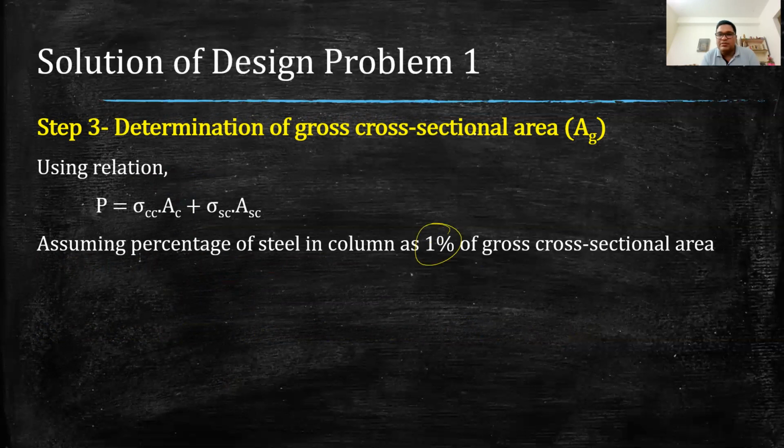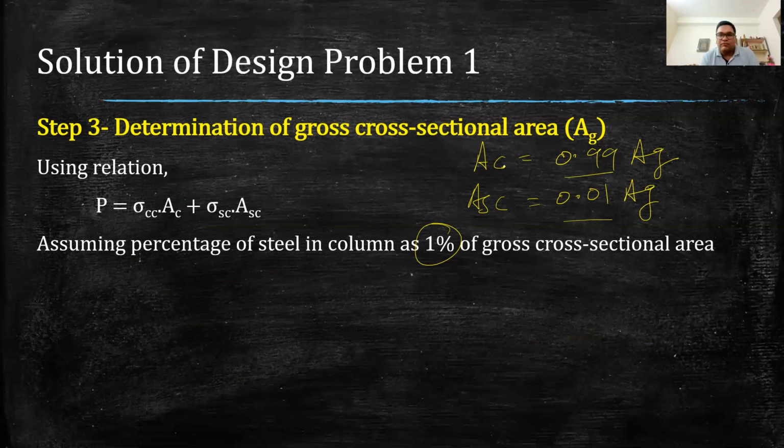Now 1% means AC will be 0.99 AG and ASC will be 0.01 AG. This is what I have explained in the previous part.